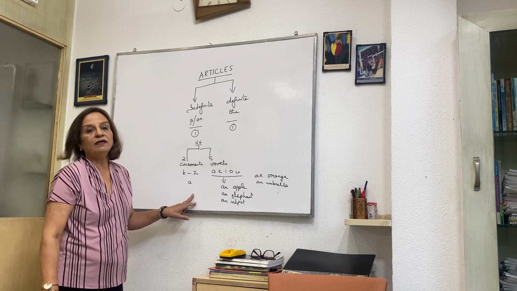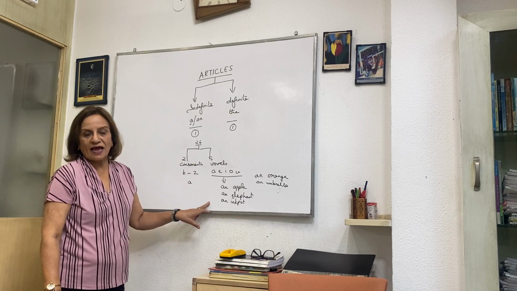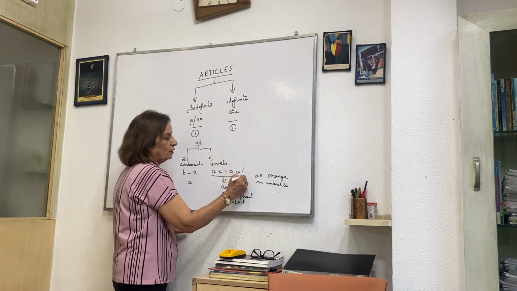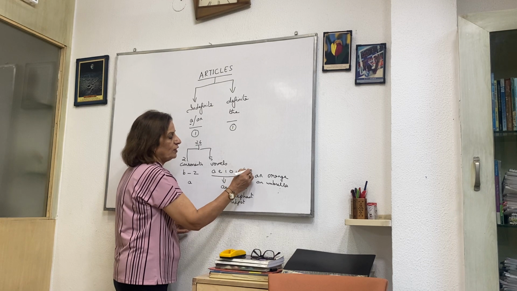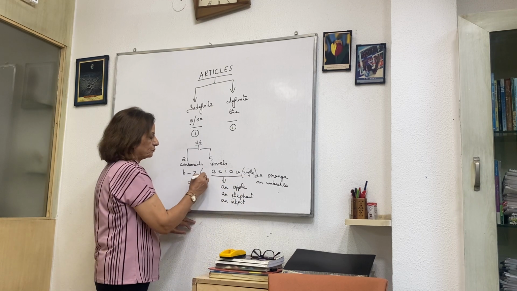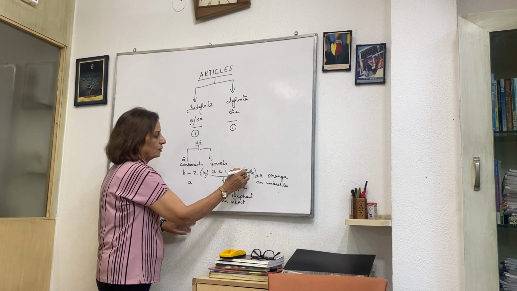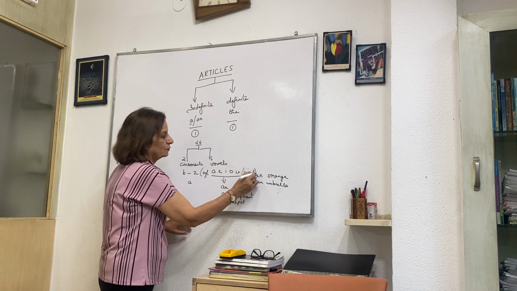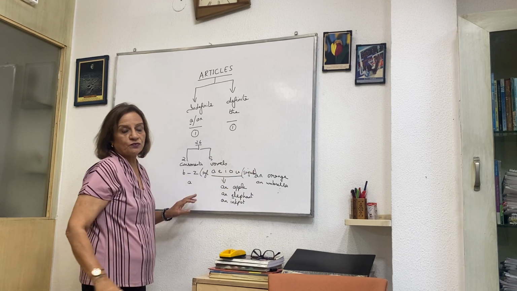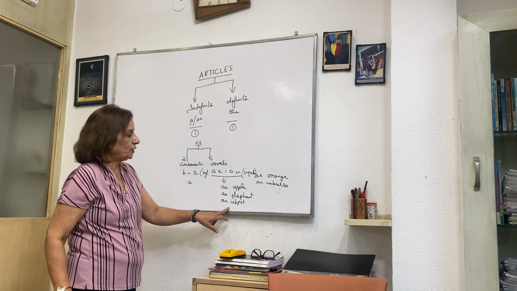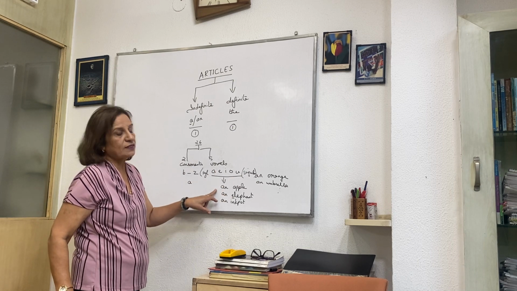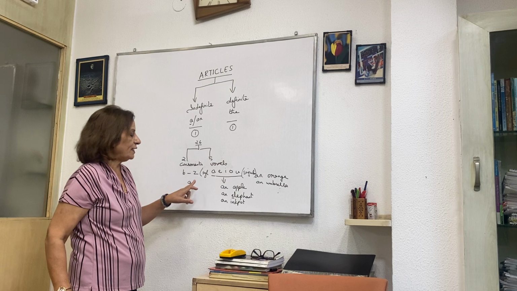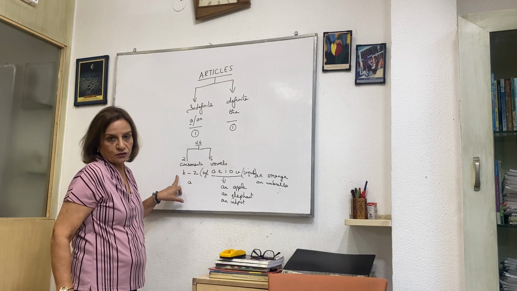So is this clear? That with vowels we use an, and that too only with singular. Only with singular we use an and a. Okay? We cannot use with plural, like I just told you here. So with singular we use an with the vowels, and a we use with consonants.